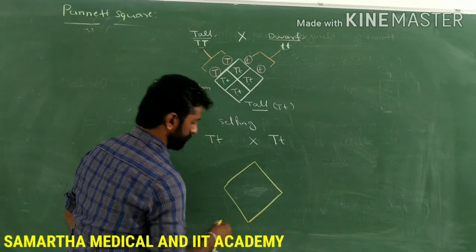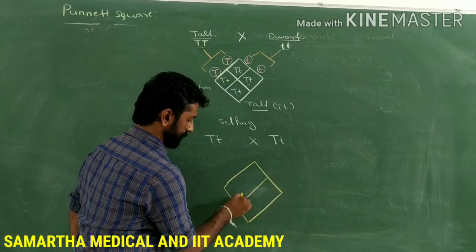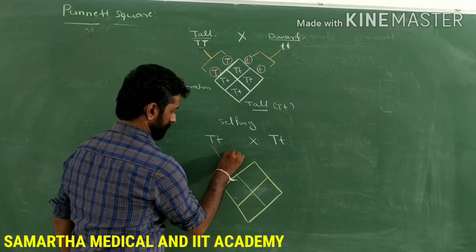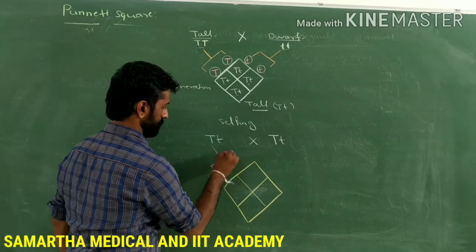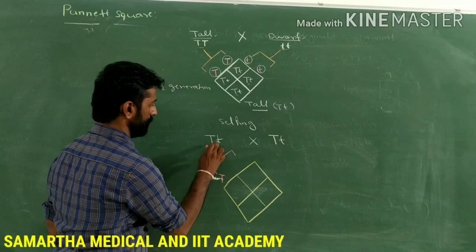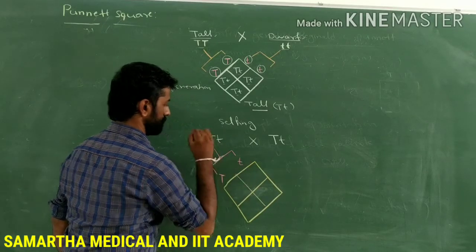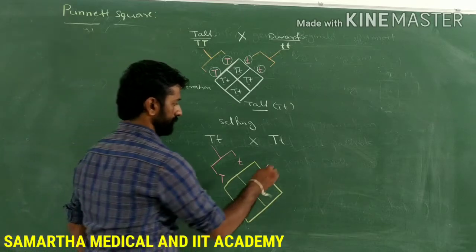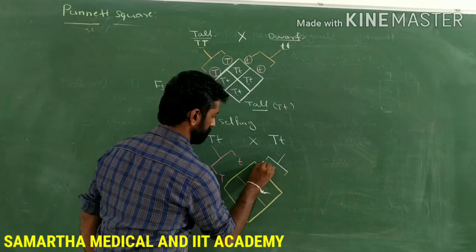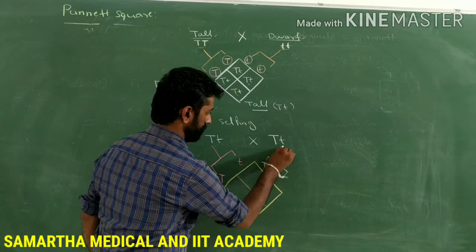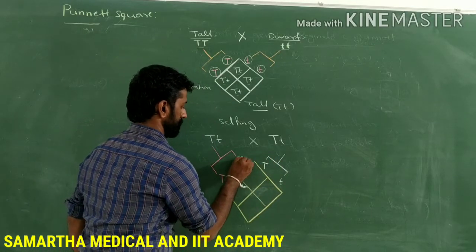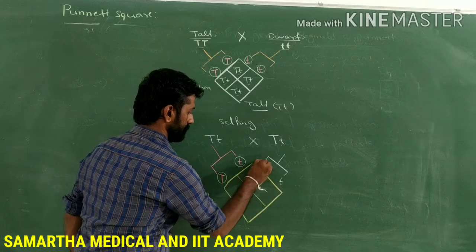Here, one of the gametes produced will have capital T, the dominant allele, and the other will receive the recessive allele. Similarly, from the other parent, one gamete will receive capital T and the other small t, the recessive allele. So let's circle them to denote them as gametes.